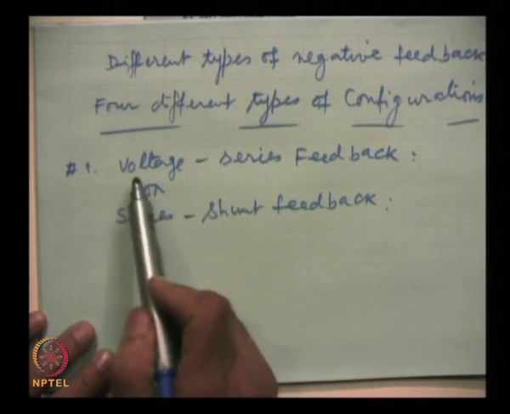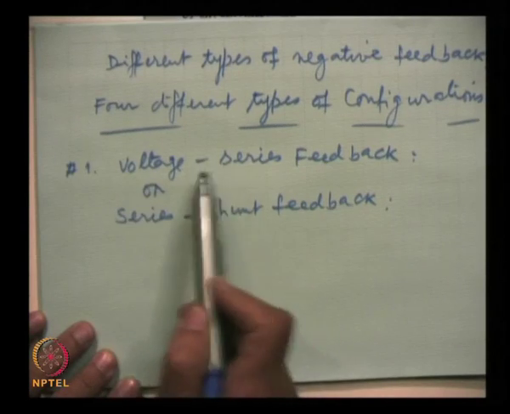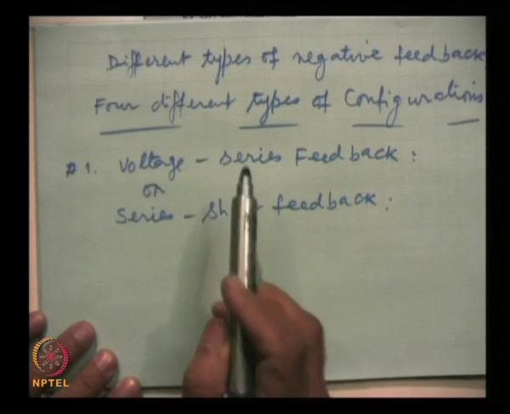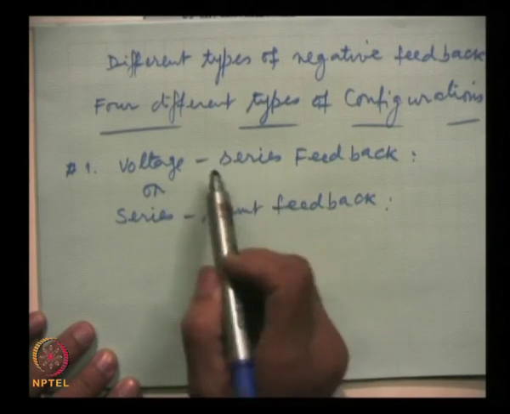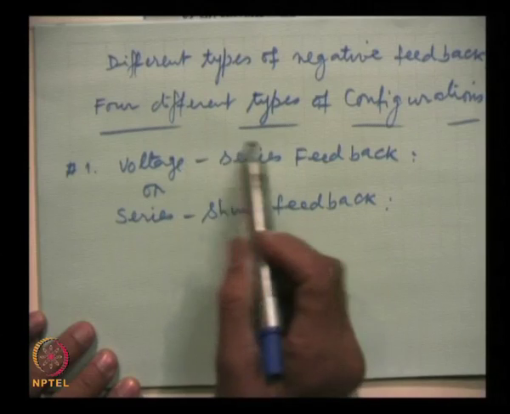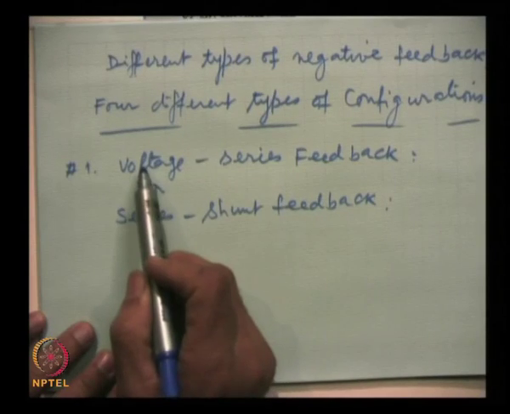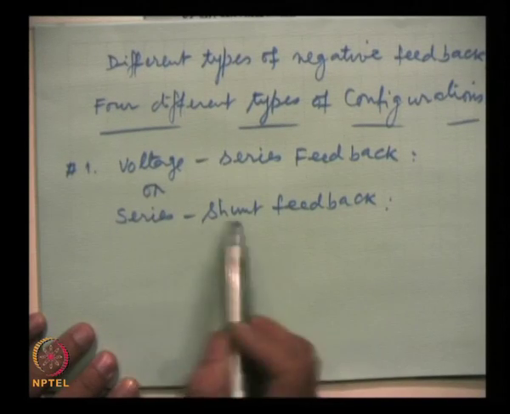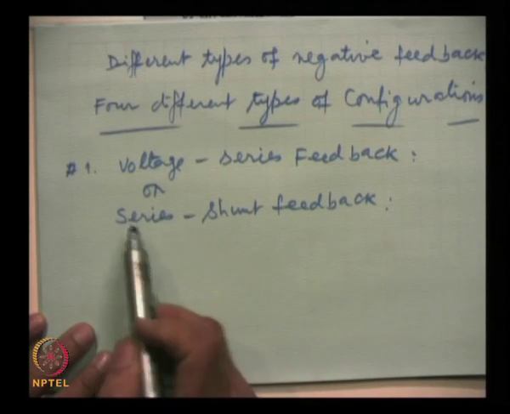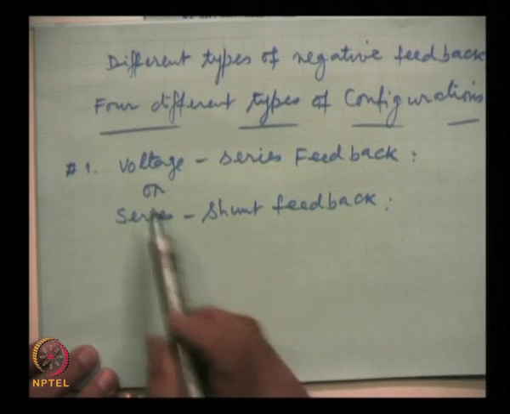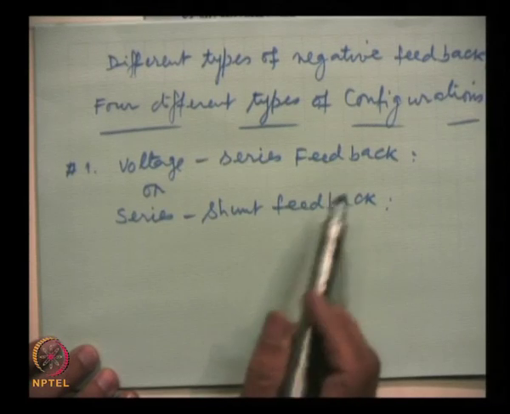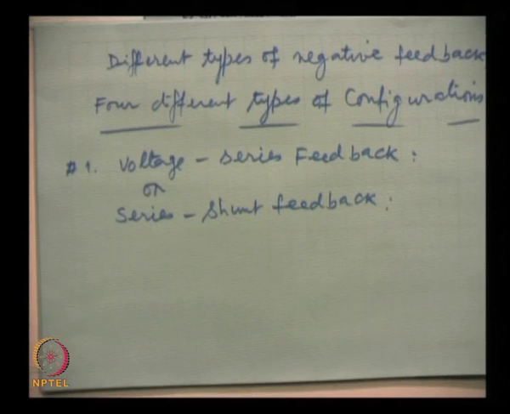So, it is voltage or current feedback, but how we return that signal, how we mix that signal at the input, in series or shunt. Now, for voltage series feedback, this connection is this.